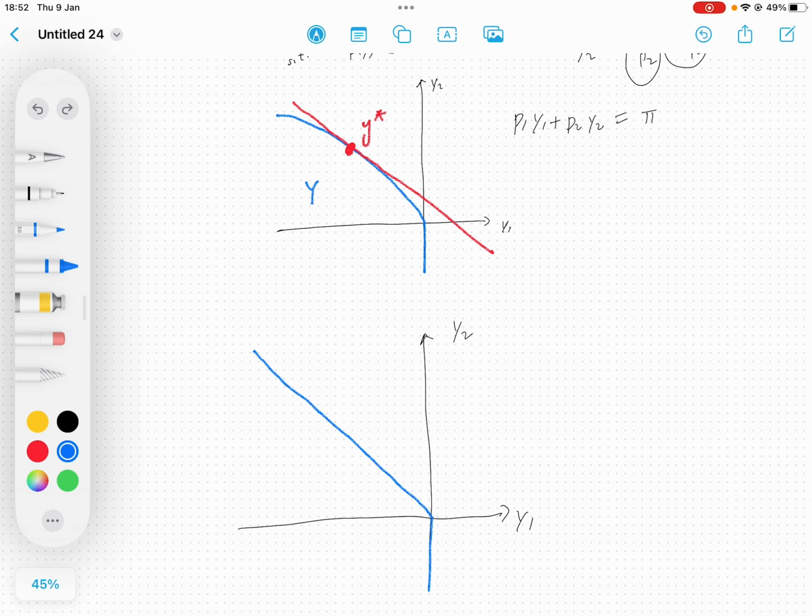Then if the prices are such that it has some slope, for example, as this, okay, then we can always move this red line upwards, and it can intersect with the set of capital Y all the time, right?